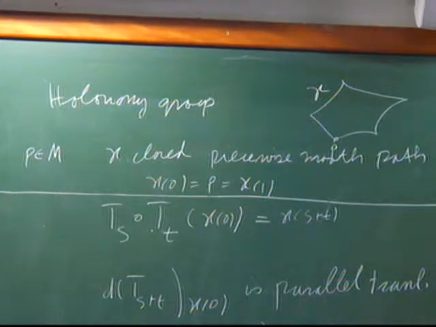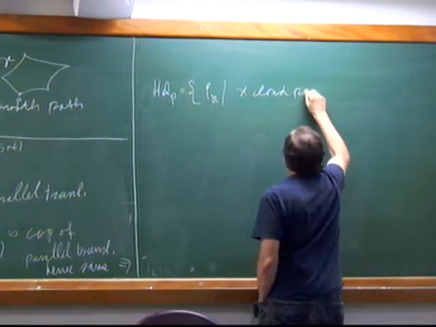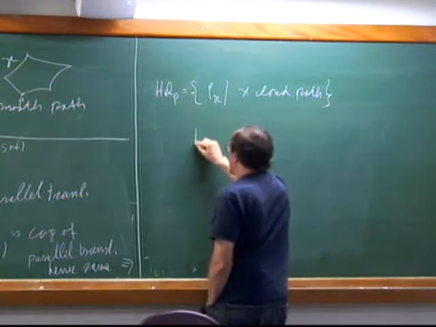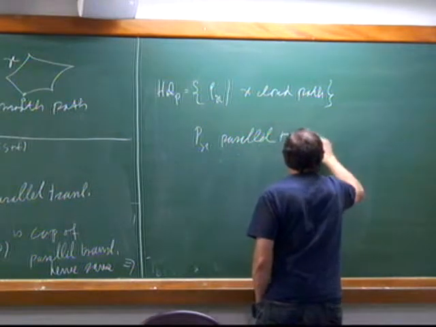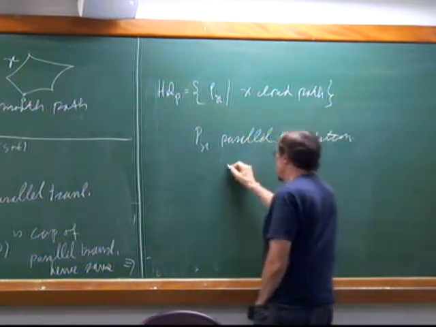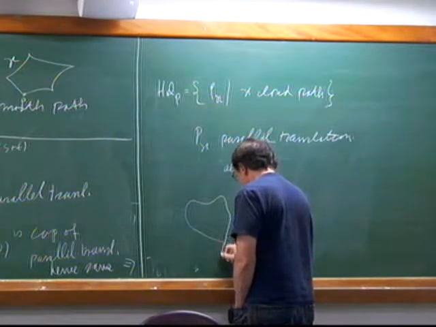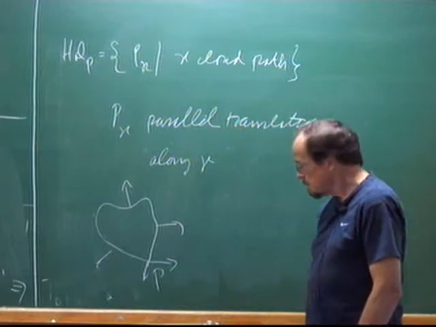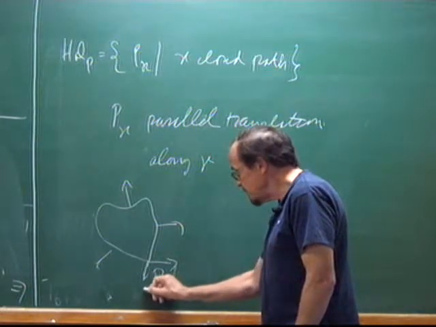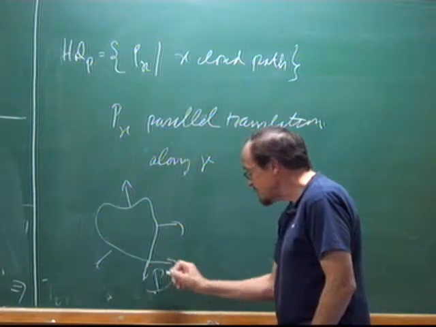And now look at the group, which I call Hol_P, which is the set of all P_gamma, where gamma is a closed path like that, and P_gamma is parallel translation along the path gamma. So take any closed path, parallel transport around it, and I come back with a different vector. And I get a linear map from this vector to this vector.